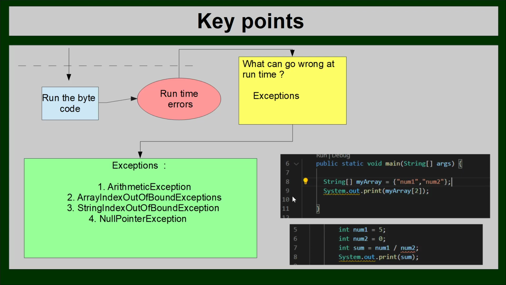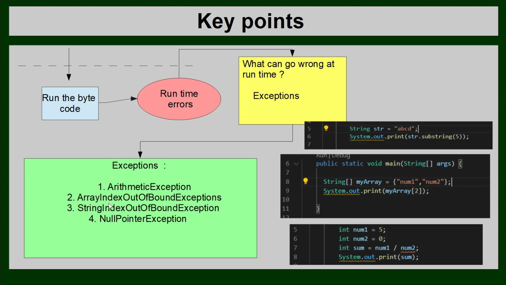It's the same with arrays. If you've got two arrays here, and then you're printing out my array 2, which means the third value, if there isn't a third value there, it will produce a runtime error, not a compile error, but a runtime error.